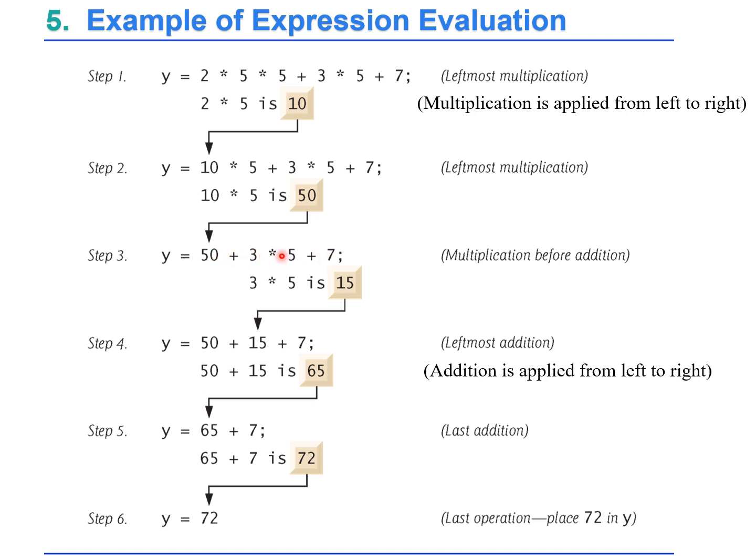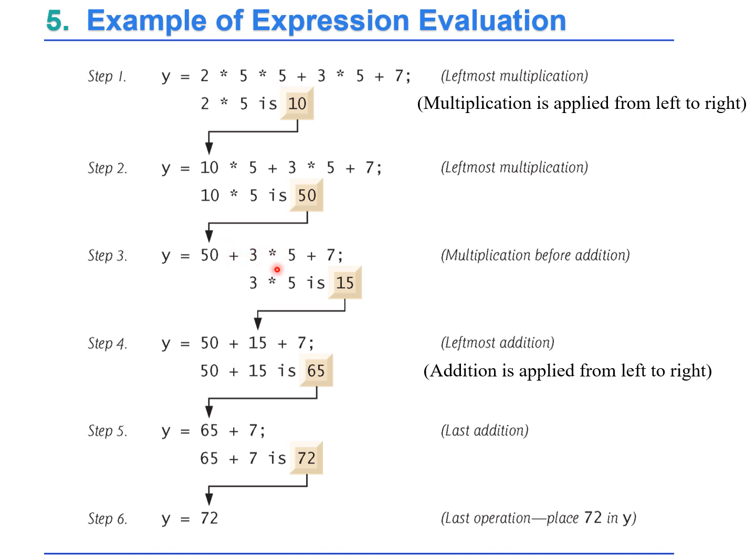Now we would have an addition, a multiplication, and an addition, without parentheses. By the first precedence rule, multiplication must be applied before addition. So we have to apply this multiplication before the first addition.